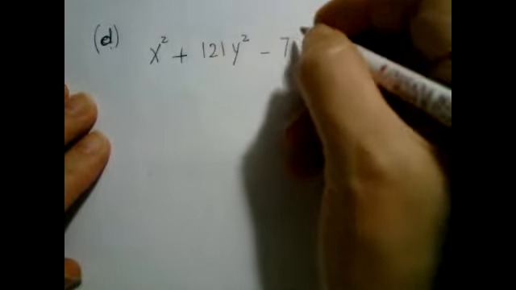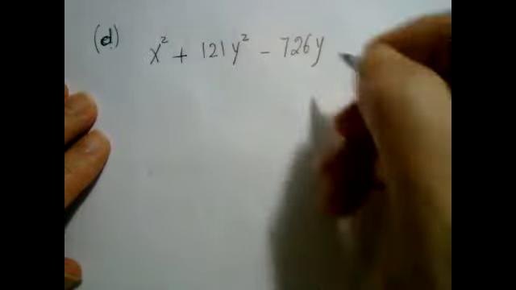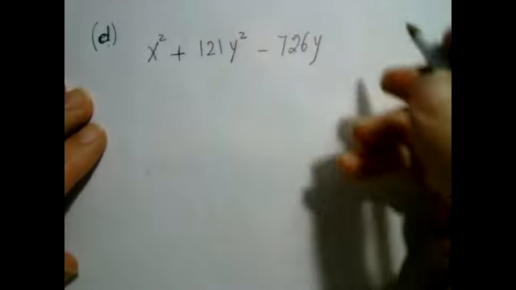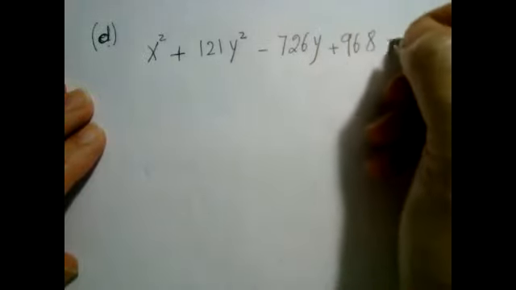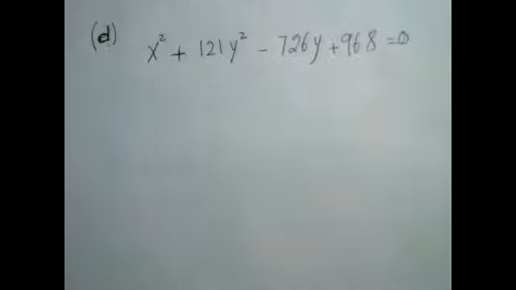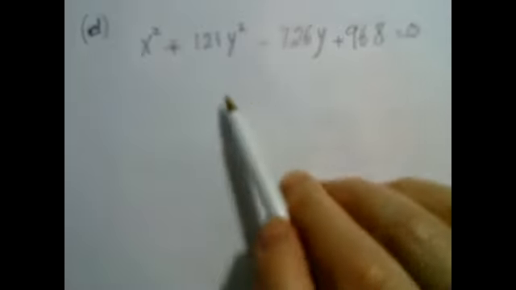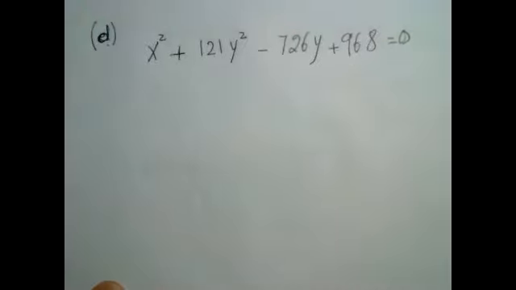The numbers look very big, but we're going to make them look nicer. And plus 968 equal to 0. Basically we're going to graph all the points that satisfy this equation. I don't know why it's more blurry than usual. Sorry, I'm trying to see if this is better.